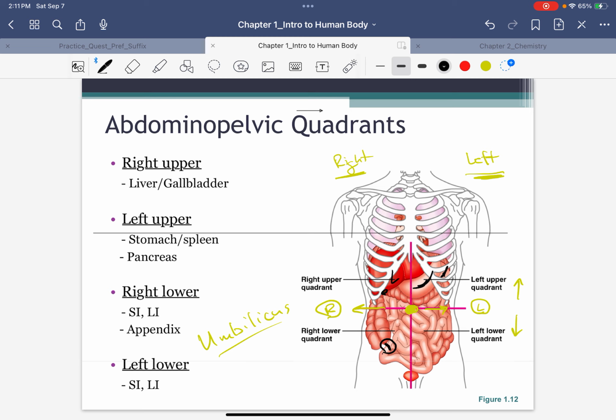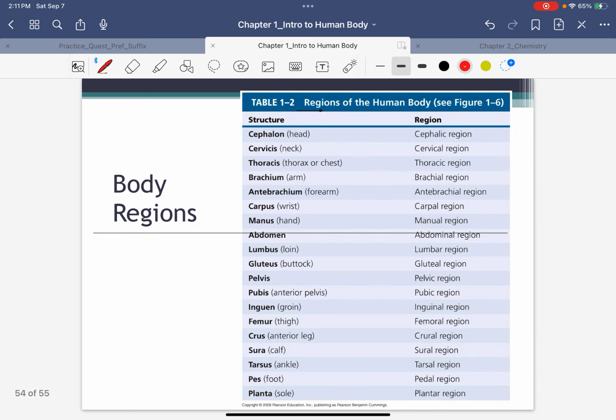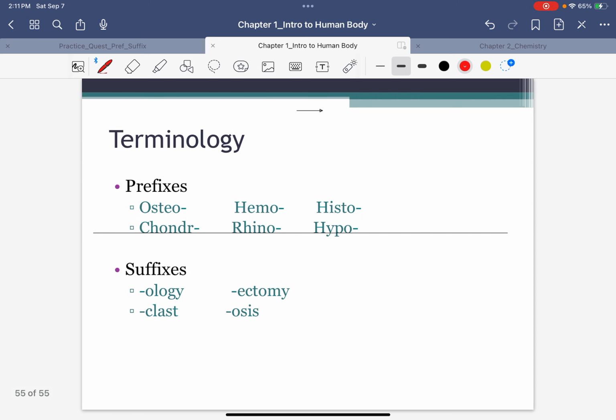If it was a similar sharp pain in the lower left, we probably wouldn't think appendicitis because that's not where the appendix is. For now, I'm going to have you not worry about the pancreas. We're going to talk more about that in lab when we have the model. The pancreas is more so on the upper left, but it does extend a little bit to the upper right. But for now, don't worry about that. All right. Remember, you don't need to know the regional terms.